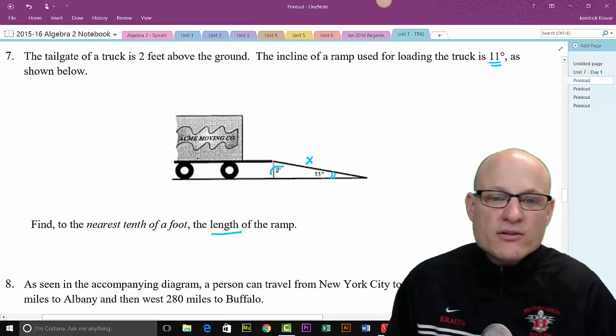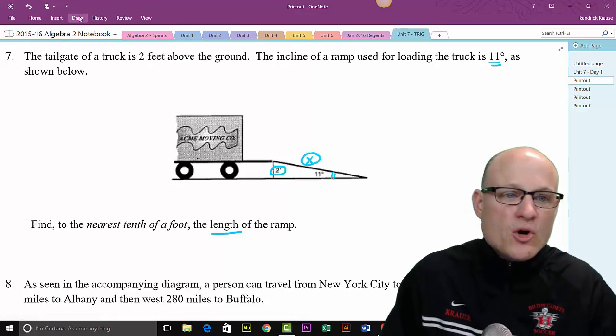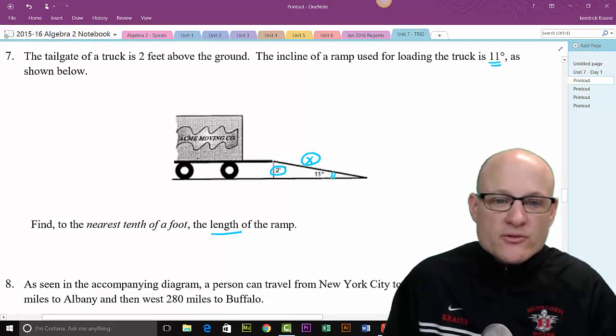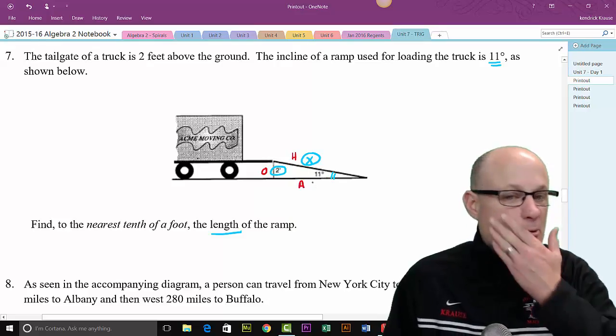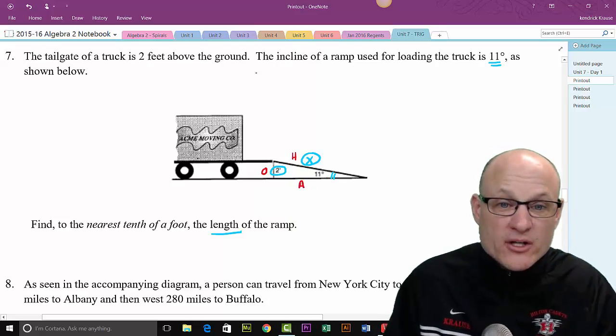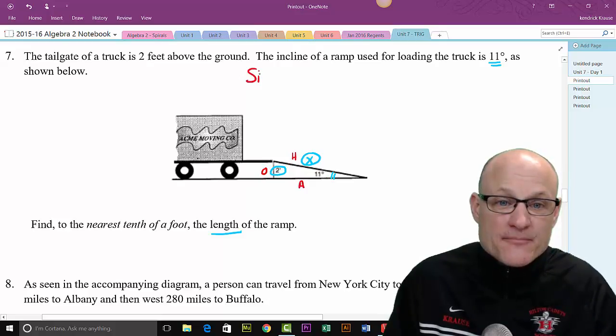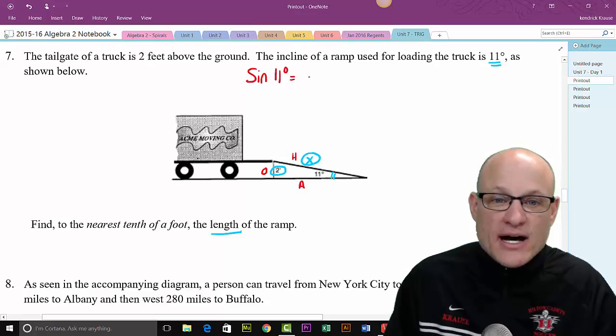We've got two sides in play, so I'm going to label them O, A, and H. This would be opposite, this would be hypotenuse, and this would be adjacent. I want to use sine because I have O and H. So sine of 11 degrees is equal to opposite, which is 2, over hypotenuse, which we called x.